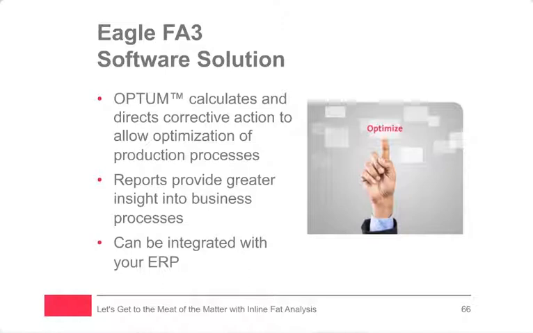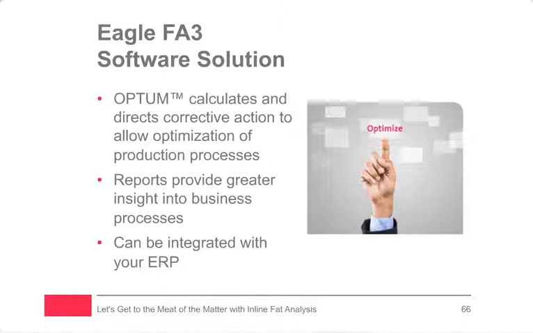In order to be able to tie systems together, it's important to have a range of different software solutions so that we can manage our recipes and we can compare what we originally intended to produce with the position of our raw materials and understand how to correct back. One of the most important tools in delivering this is in software. Eagle has a family of different software solutions available, which we call Optim.